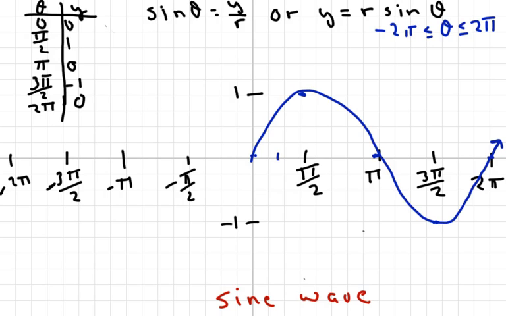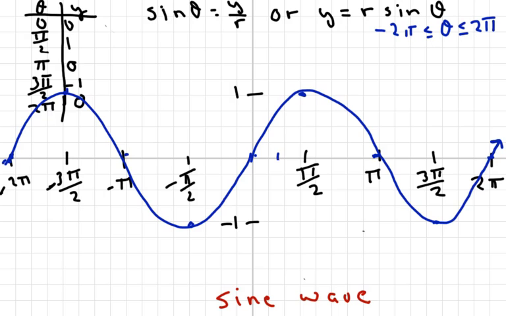So this is coterminal really with 3 pi over 2. So we're going back down to -1 here, back to 0, up to 1, and back to 0. So we just go down, back up, and there is your sine wave.